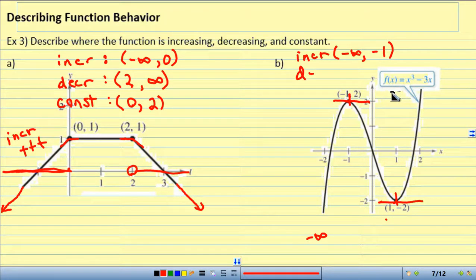So decreasing from -1, x is -1, so projected onto the x-axis. So x is -1, all the way to, in this case, oh no, we got to find the root.